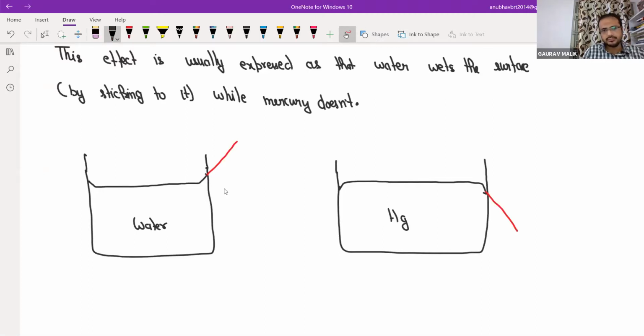Here we have mercury. Now, please tell me one thing. Assume it is 1, it is 2. Here it is 1, it is 2. Which one is contact angle? Phi or theta? 1 or 2? Can you tell me which one is contact angle in first diagram and in second diagram?